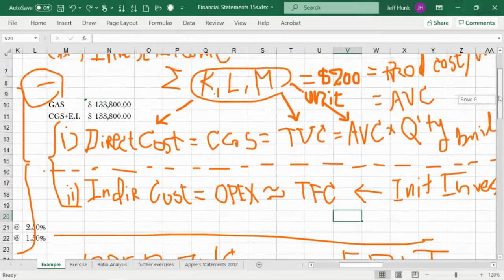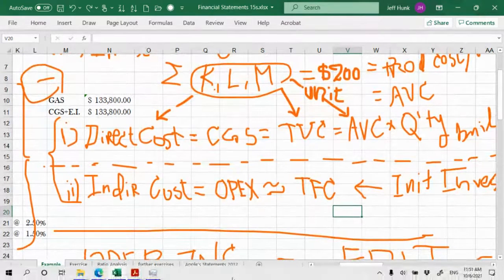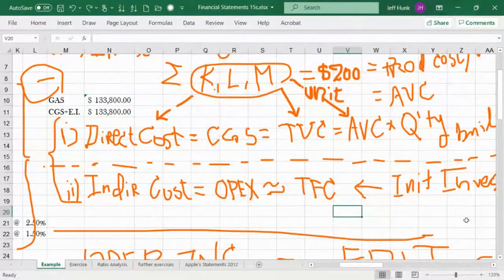So then, because they make 10,000 units, their total variable cost or direct cost will be $2 million. Isn't that right? 200 times 10,000, $2 million.